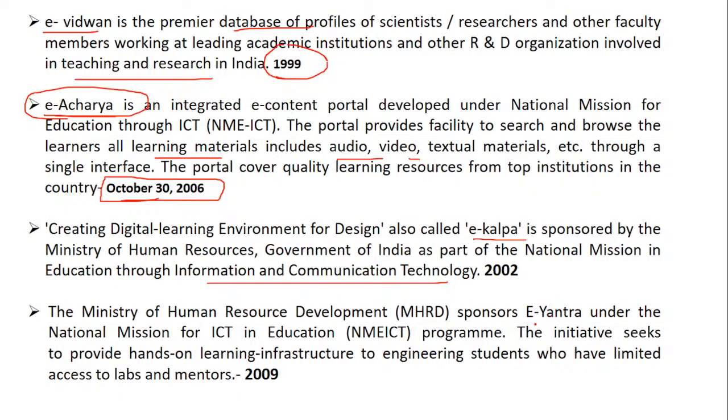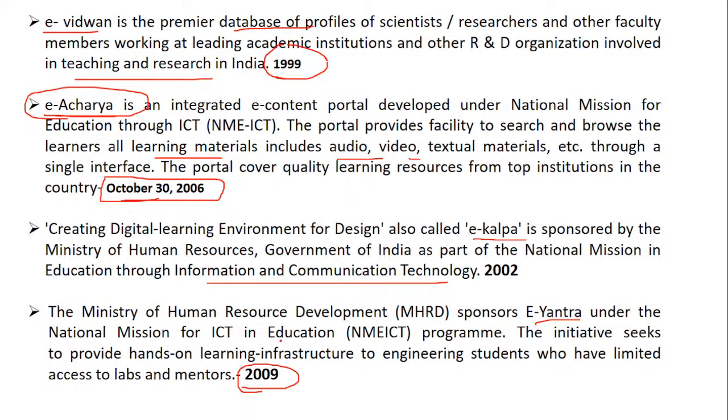Now, when we talk about eYantra, I've just focused on the topics. There are so many details in this also, which we will slowly look into. eYantra is an initiative to provide hands-on learning infrastructure to engineering students who have limited access to labs and mentors, which started in the year 2009. Again, it is an initiative taken by the Ministry of Human Resource Development under the National Mission on ICT in Education.